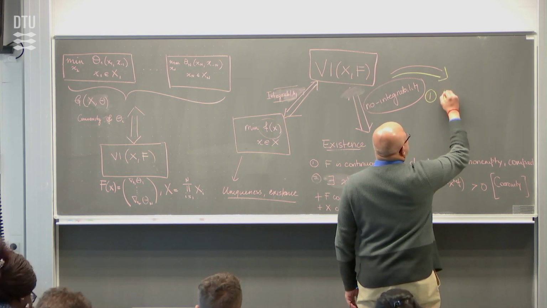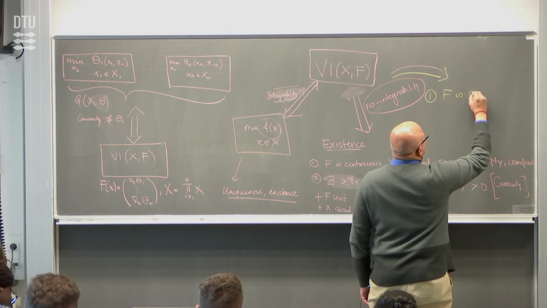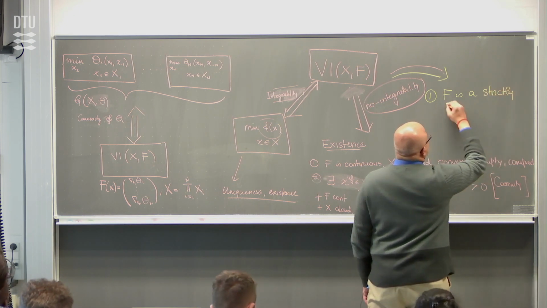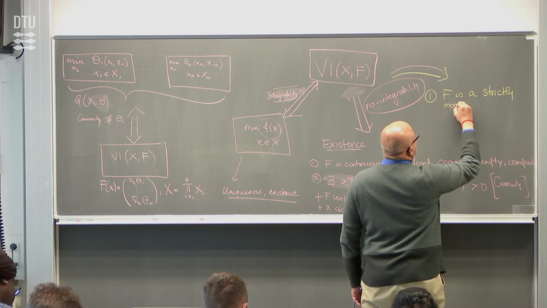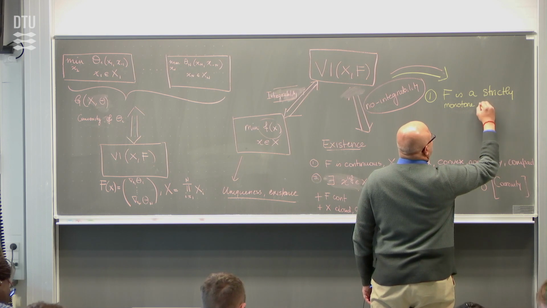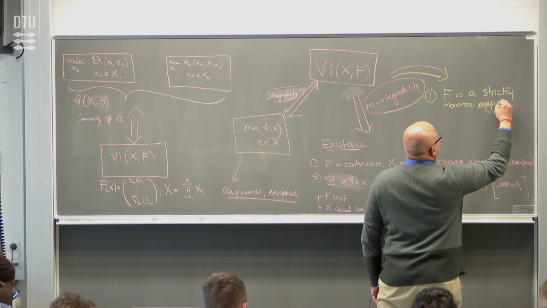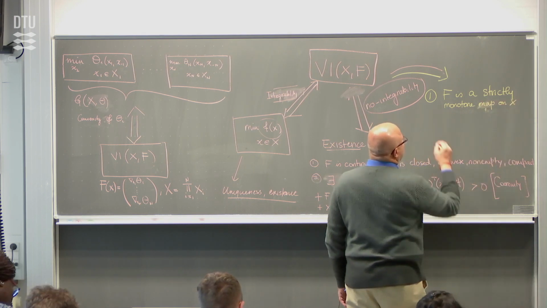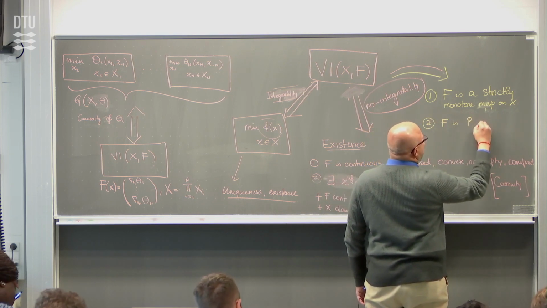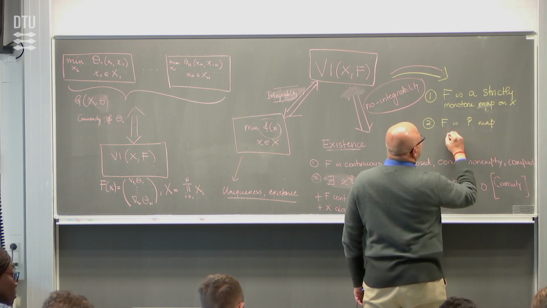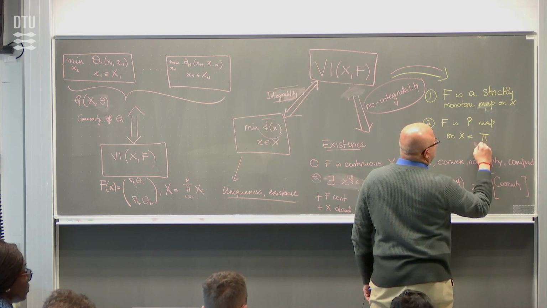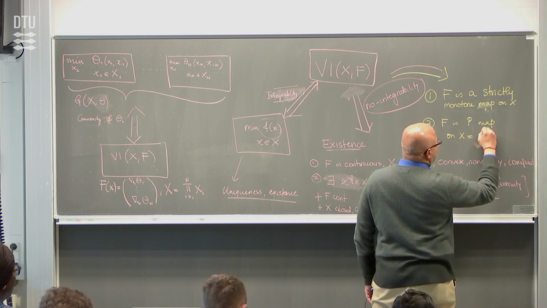One avenue is F is a strictly monotone map on X. Second, F is a P map on X, and I'll define that later today, assuming that X can be written in this form.